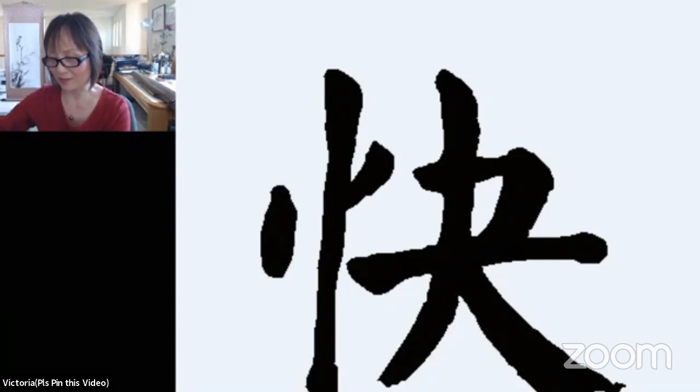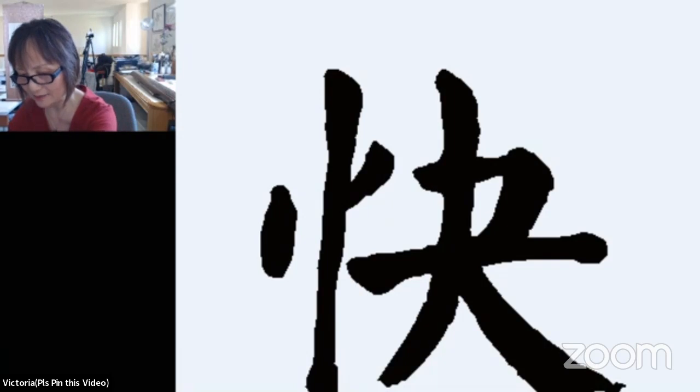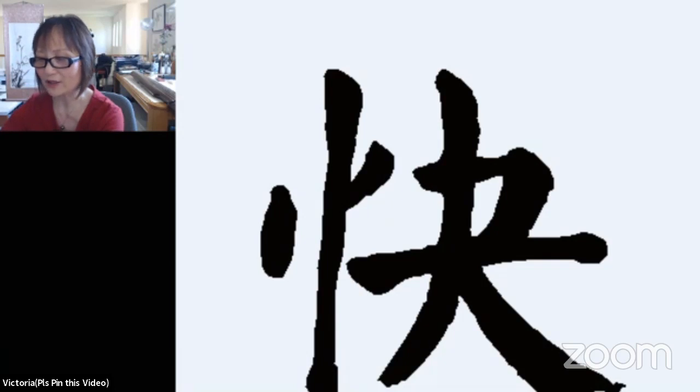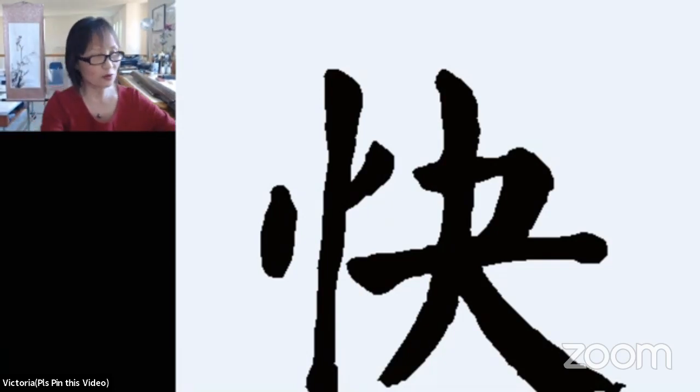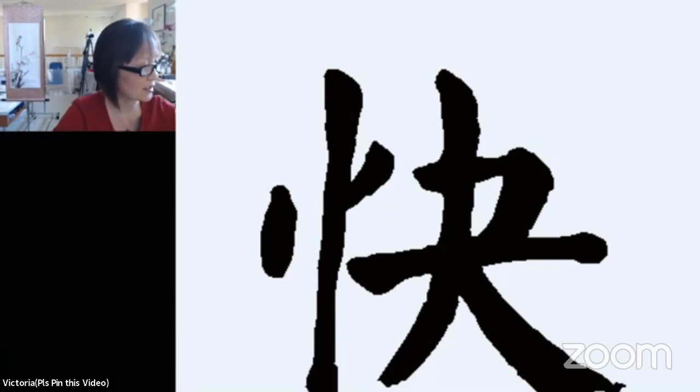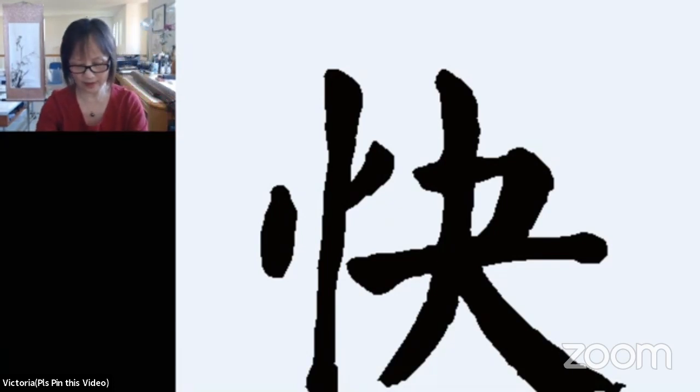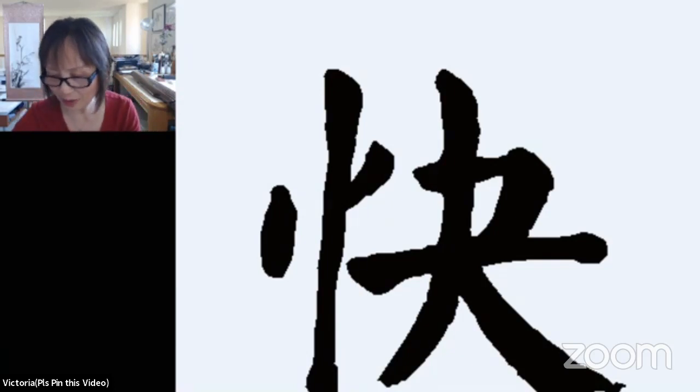I think you probably learned in Chinese characters that there are some radicals, and the same radical is probably used in different characters, which means that since we learned it, we can find other places that share the same radical.